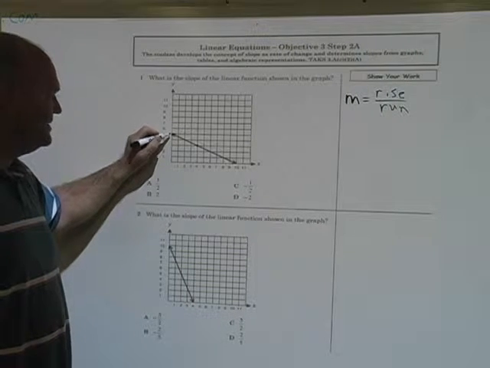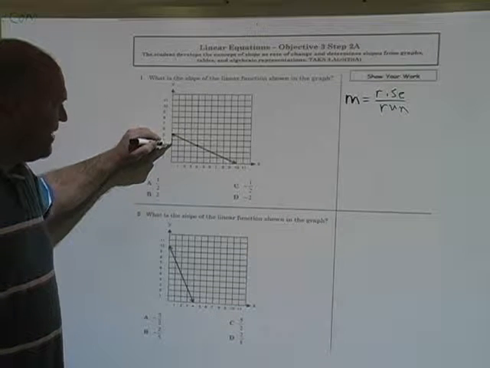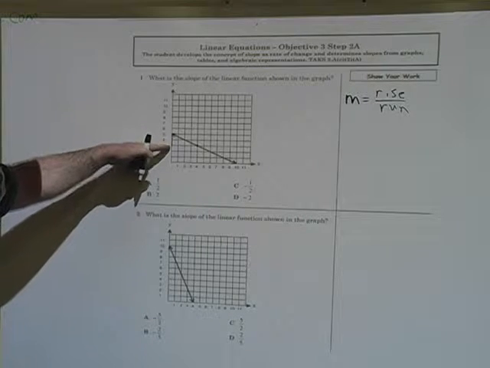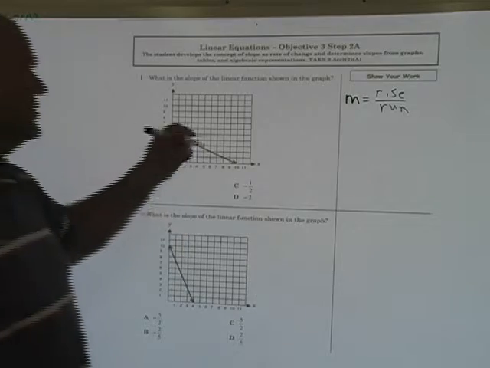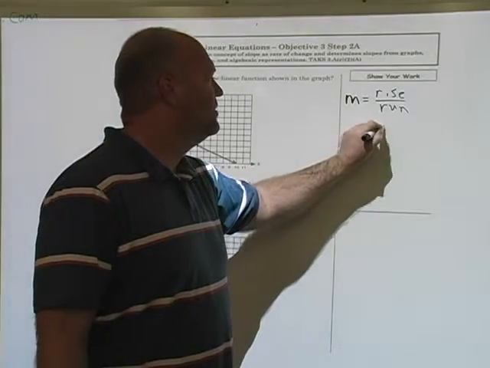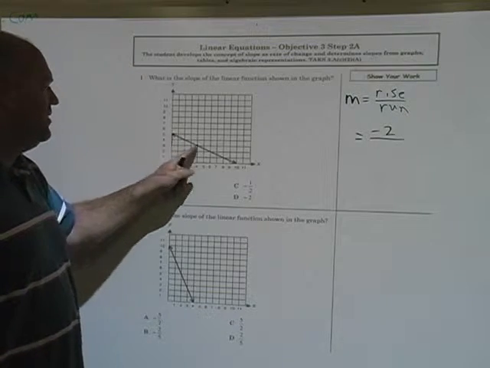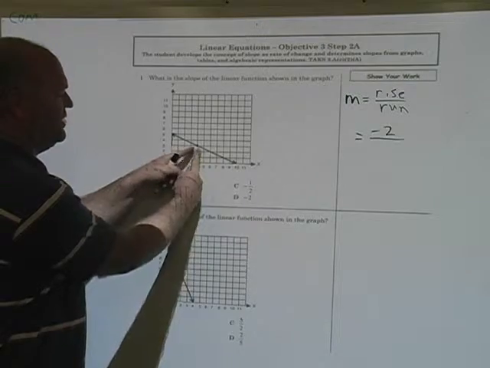The rise from here to here is, it's going down, it goes down 1, 2. So the rise is 2, but since it's going down, it's -2. Okay? And then from here to here, the run is 1, 2, 3, 4.